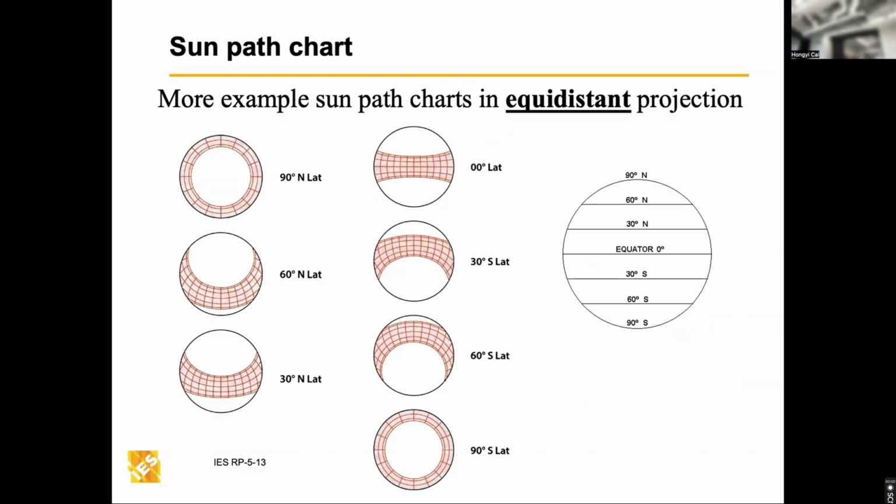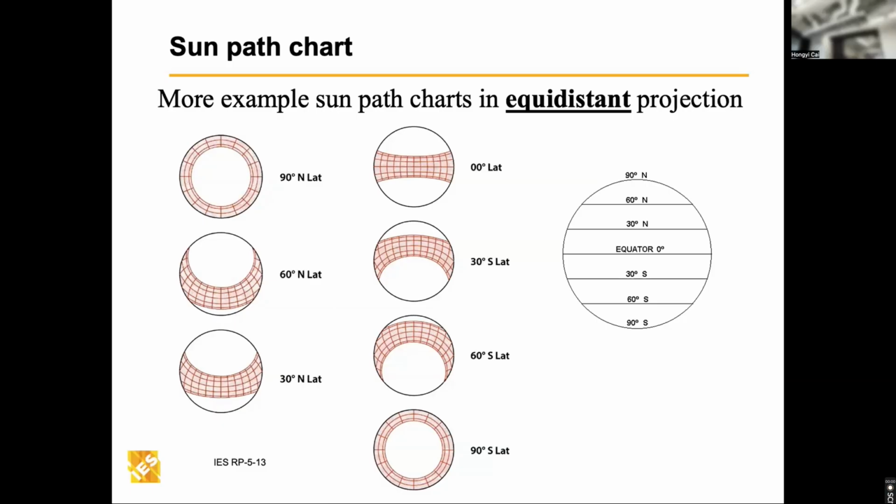So for the North Pole, you will have a sun path chart in polar coordinates this way. Makes sense? Because you are living right here, your sun will always be moving around you, right, if you are living at the North Pole. And if you're living at the South Pole, you have a similar one, but the opposite, okay?